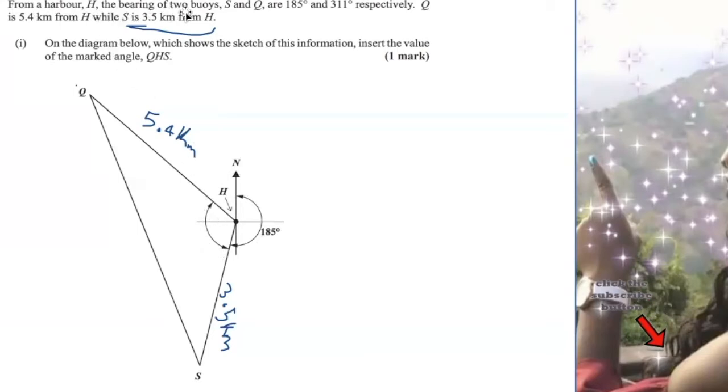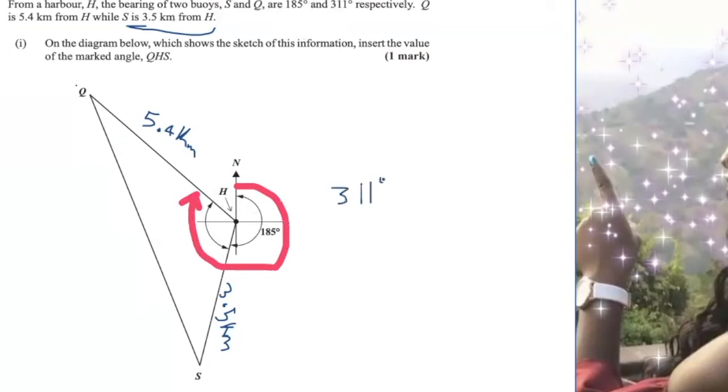The bearings of the two buoys, S and Q, are 185 degrees, so from the north going straight to S is 185 degrees, while Q is 311, from the north going straight around to this line.